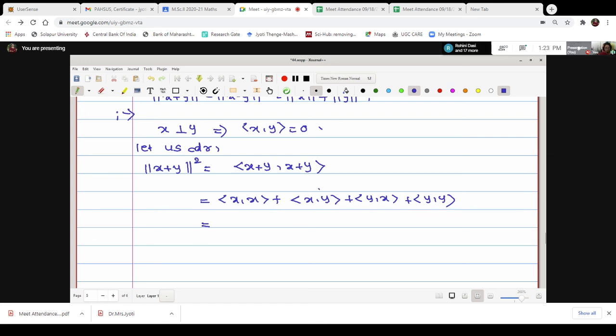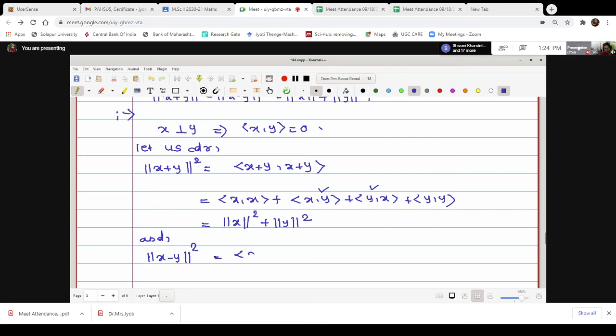Now what is the value of the middle two terms? As x is orthogonal to y, inner product x with y is 0, inner product y with x is also 0, therefore the middle two terms are 0. We are left with inner product xx, which is norm square of x, plus norm square of y. And what about the second one, norm square of x minus y?